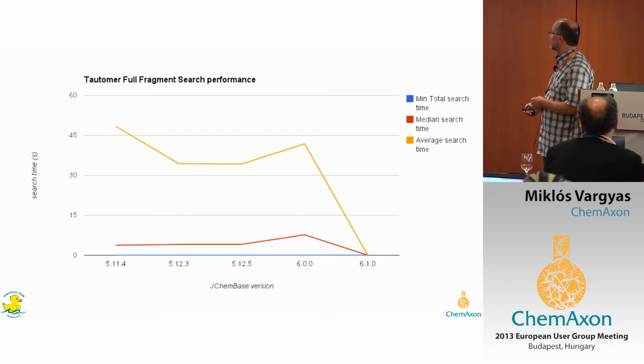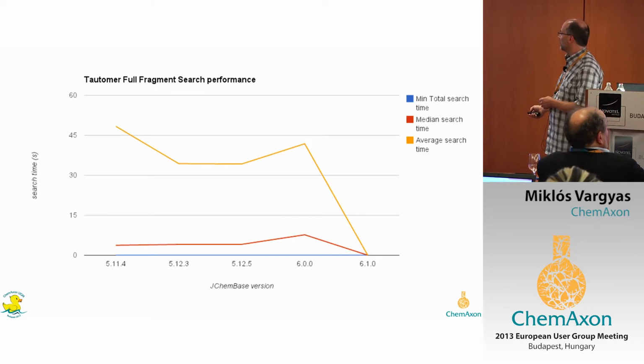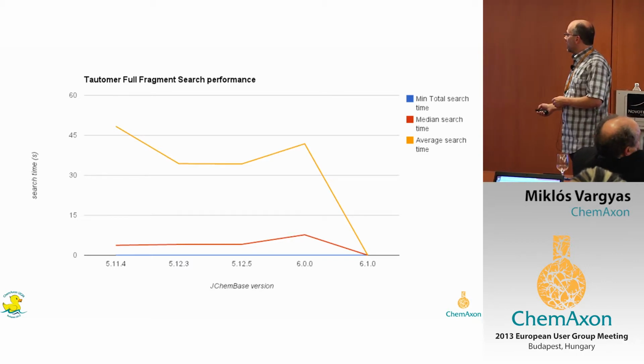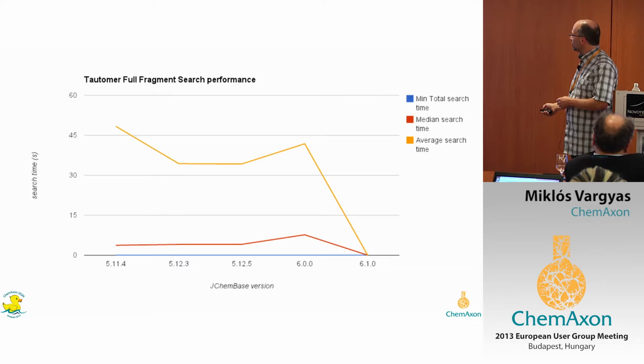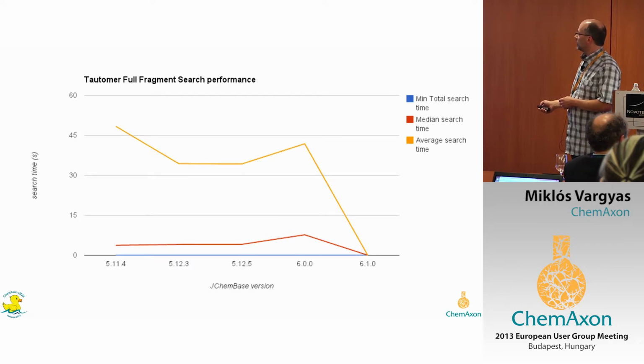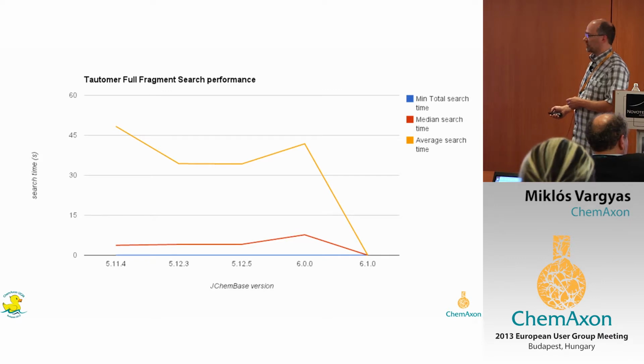Now we have 3 curves. Again, on the horizontal axis, you see various JChem versions, 5.11, 5.12, V6, and 6.1. The red curve shows the time of typical searches, and the orange one, the average searches.